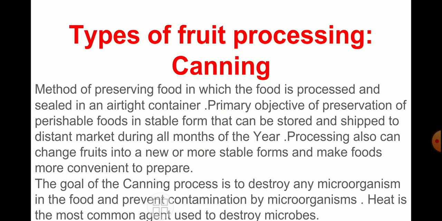As we know, fruits are very perishable and easily get damaged, and we want to store them for a long time, that is, to enhance the shelf life of the produce.